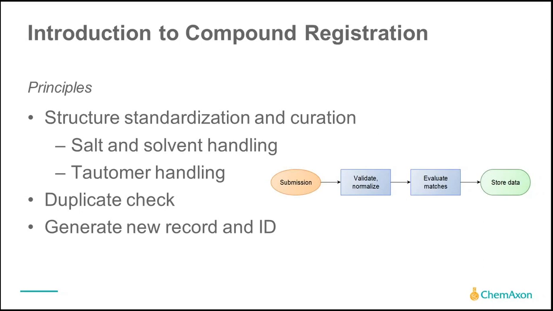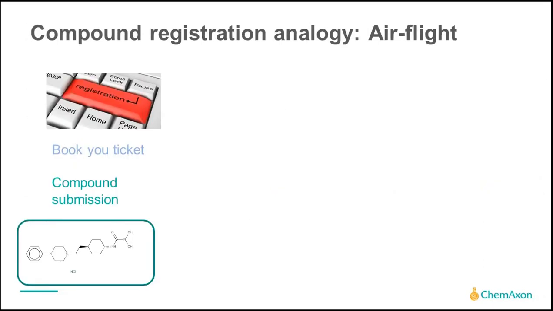The system also checks whether that particular structure that you are submitting is already present in the database or not. And then based on this information, it either generates an absolutely new ID for your structure, or it registers it in the appropriate place in the hierarchy. I will tell you more about the hierarchy in a few seconds.